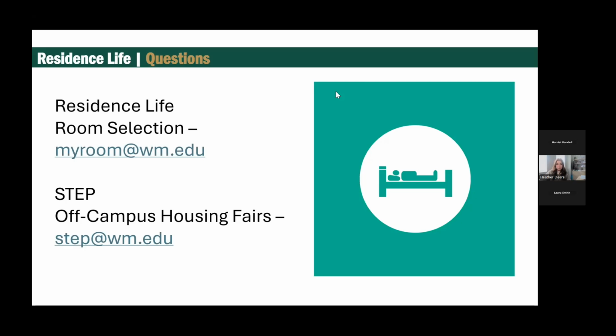So they will not see every room that is out there. If they don't want to select what they're specifically approved for, they can forego their accommodation and request their traditional room selection time slot. But we can't guarantee that they'll be able to select something they would prefer, nor something that would meet their approved housing accommodations, through traditional room selection.